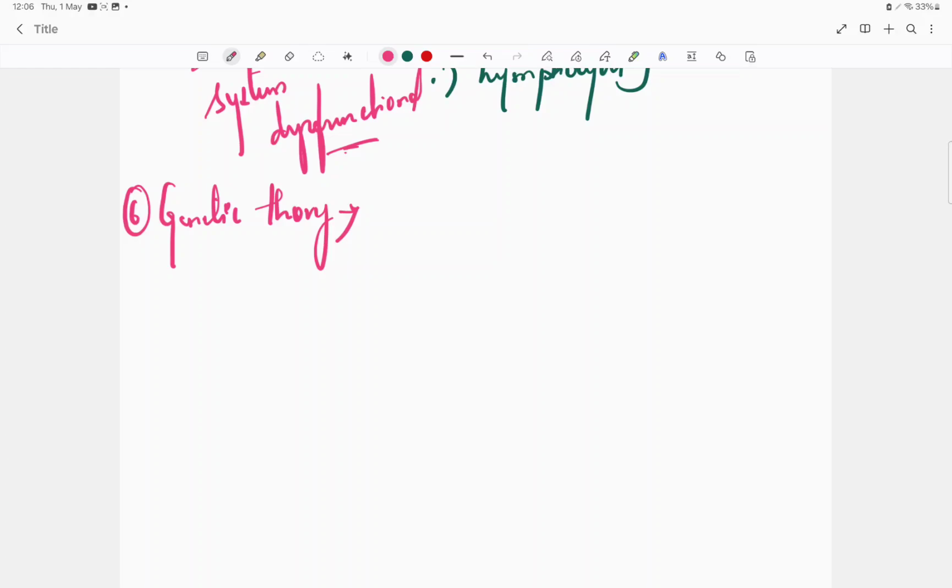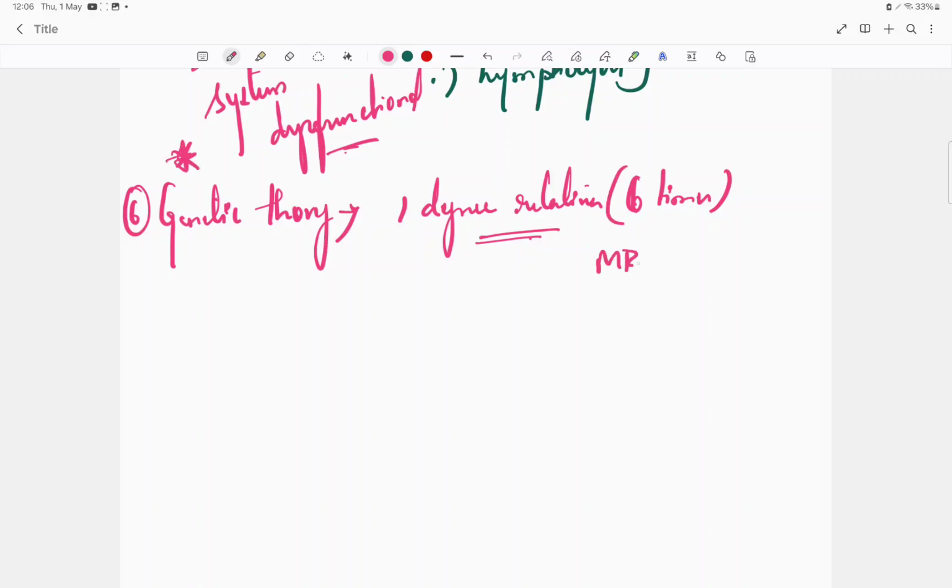But based on research, first degree relatives have a risk of almost 6 times. Important, this MCQ was asked in MRC. What is the risk for first degree relatives in endometriosis? It is about 6 times. It's a very vague question, but still they have asked this.